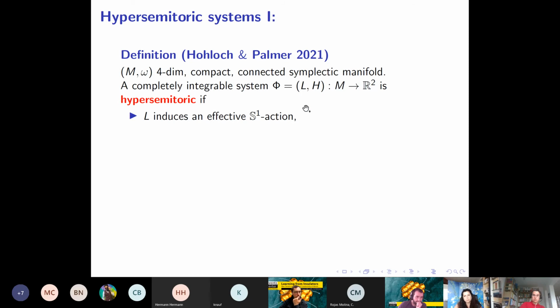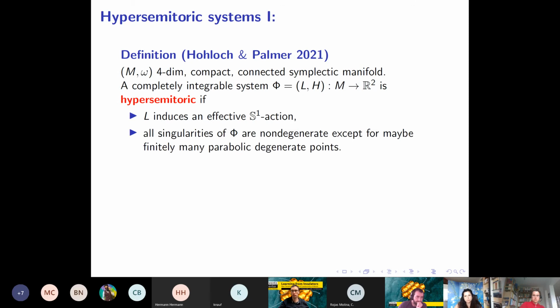The L again should induce an effective S1 action, so we have an underlying symmetry. The other condition is that all singularities of this whole system should be non-degenerate, except for maybe finitely many points that are degenerate, but super nicely degenerate because they are so-called parabolic points. So no mess going on.